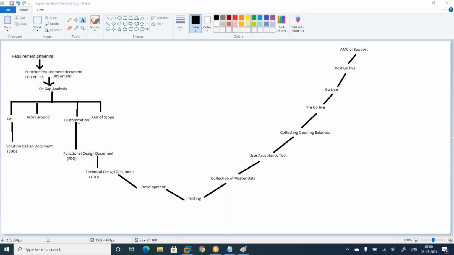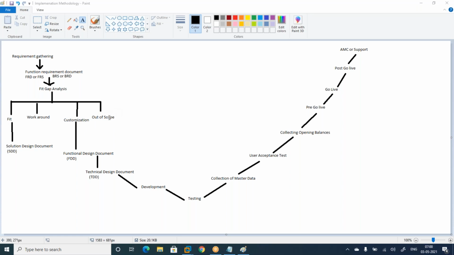So in this customization, minimum 10 to 20% we need to do customization for any implementation. For any implementation, at minimum we need to do some customizations. What are the things we need to do customization? I will explain you. Okay, we'll discuss that point. Now out of scope means if it is a big change, we are not going to prepare any document.